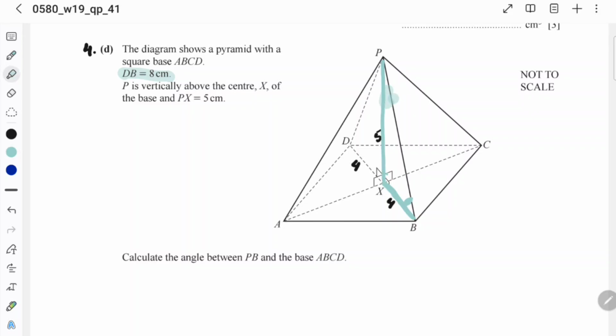So we use this triangle to calculate the angle.